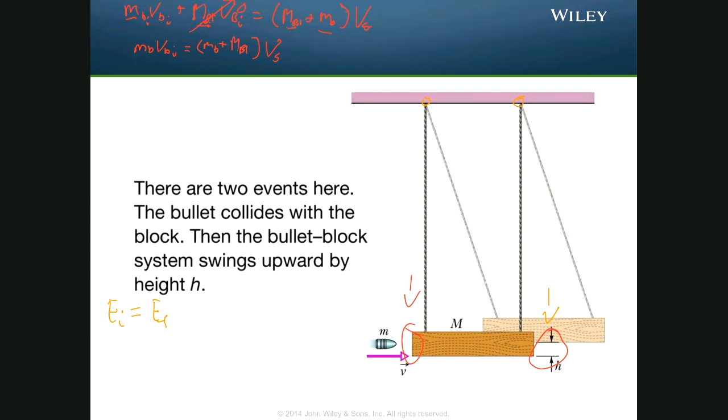So in that sense, energy is conserved, because all we have is a conservative force. So we'll have our kinetic energy plus U initial equals K final plus U final.